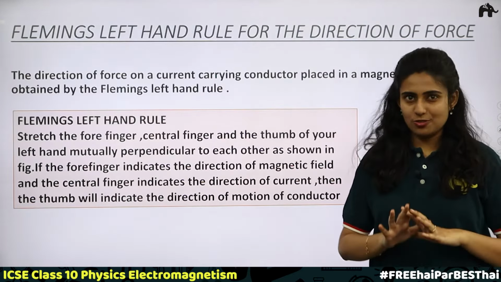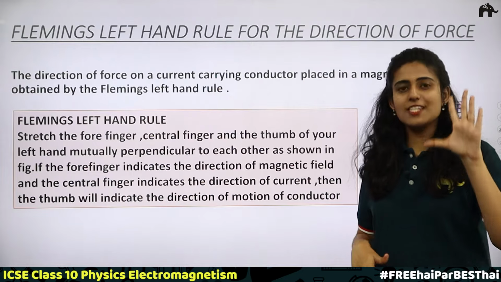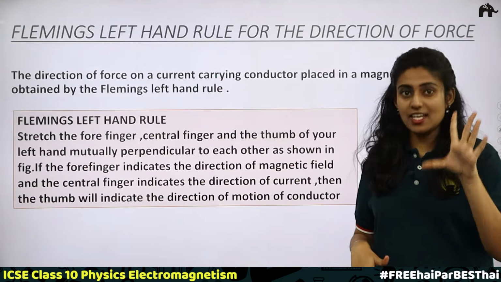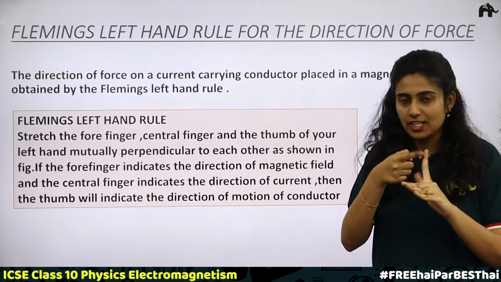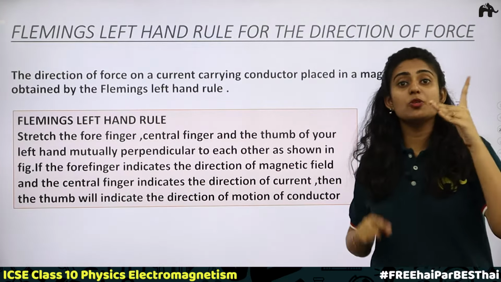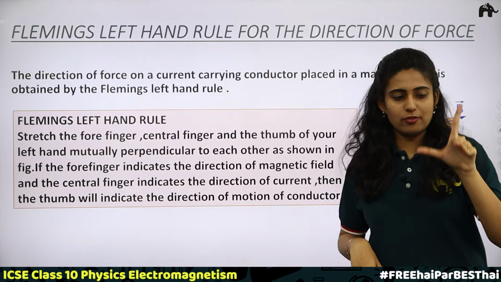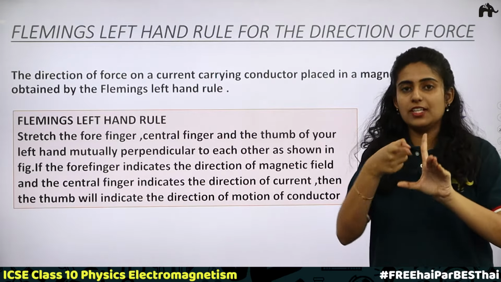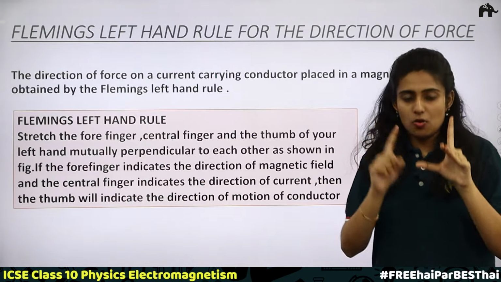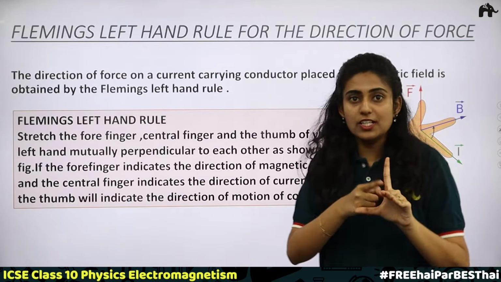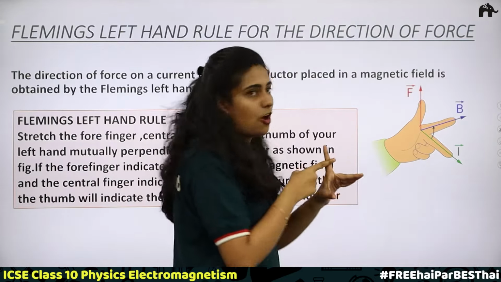For this, what you have to do, now do with me, you have to stretch the fingers of your left hand in such a way that the thumb, forefinger and the middle finger are mutually perpendicular. So this is how you have to hold it. Now your forefinger should point in the direction of magnetic field.